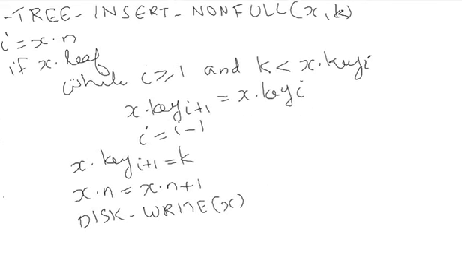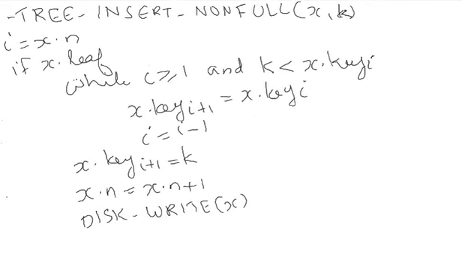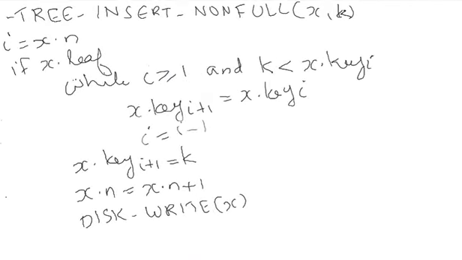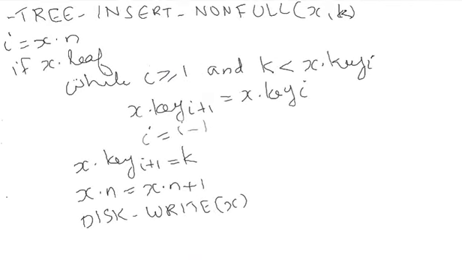And if it is an internal node, then we need to find out the exact child of this internal node where we can insert this key k. And for that only we are comparing with each key value, and we will find out the exact position of the child, and we read that child from the disk.